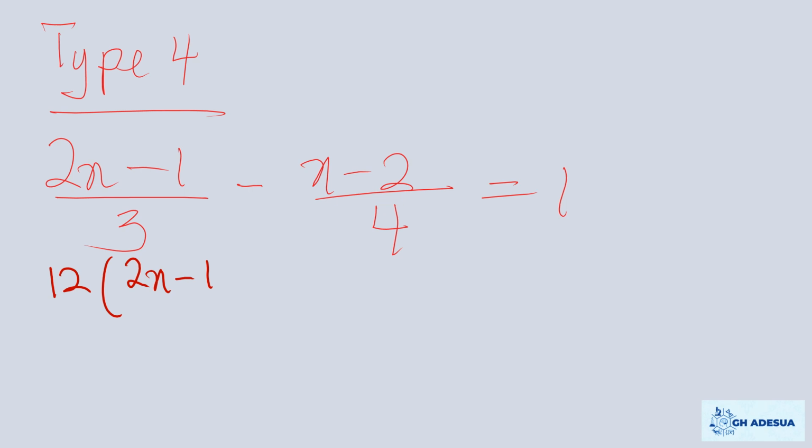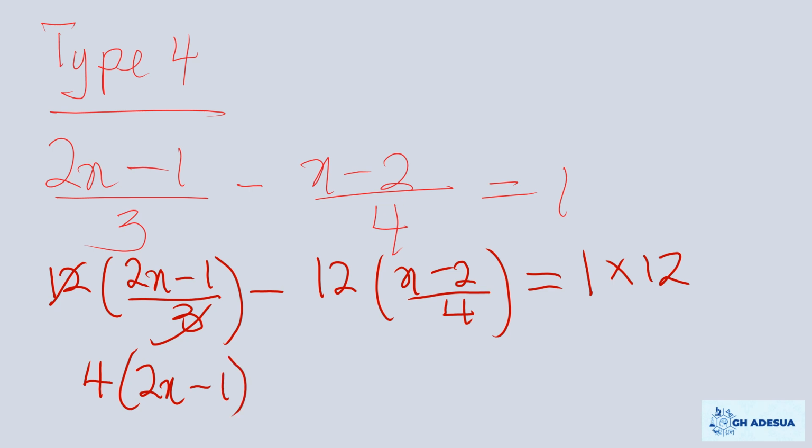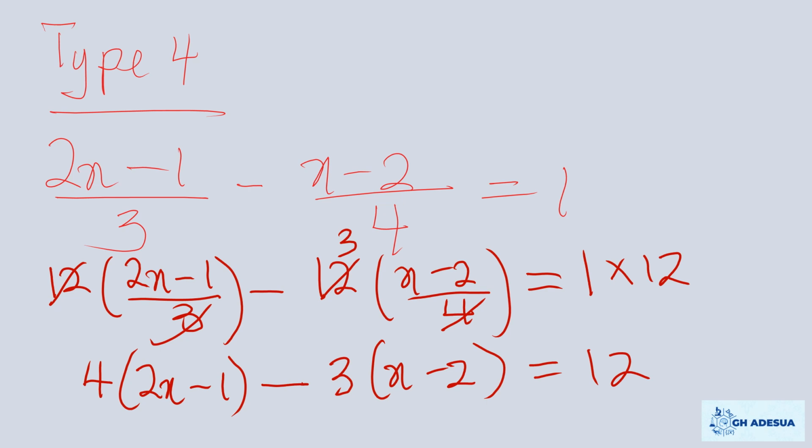So 12 here, (2x minus 1) over 3, minus another 12 here, (x minus 2) over 4 is equal to 1 here, times 12. 3 into 12 is 4, 2x minus 1, minus 4 into 12 is 3, 3 into bracket x minus 2 is equal to 12.